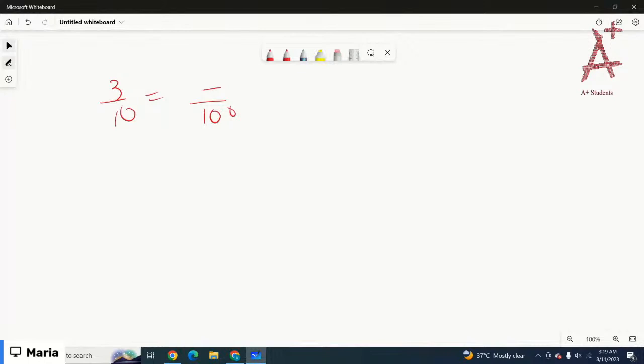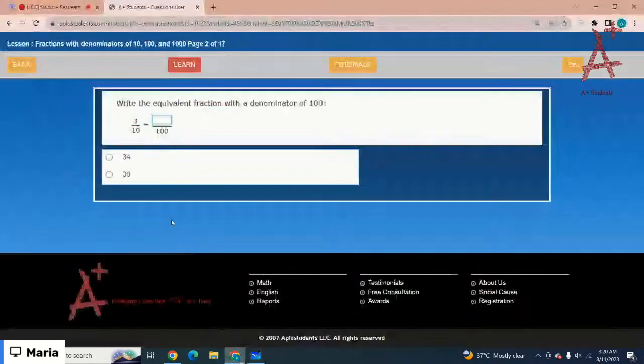You can see here you have denominator 10. You have to make it 100. 10 times what number makes 100? 10 times 10 makes 100. So you have to multiply both numerator and denominator by 10. Very good. It would be 30 over 100. So the correct option is 30. The equivalent fraction is 30 over 100.